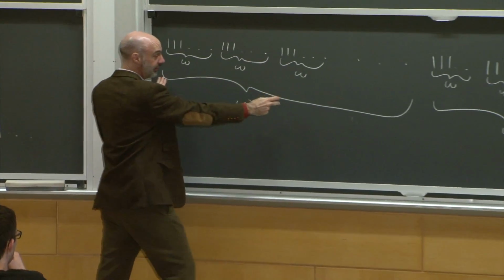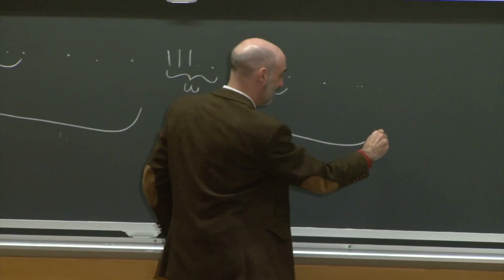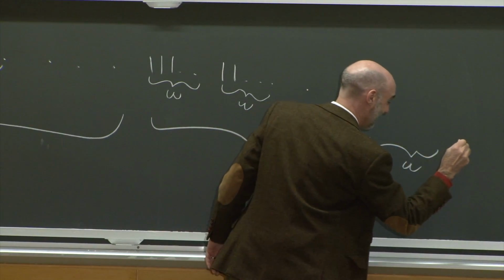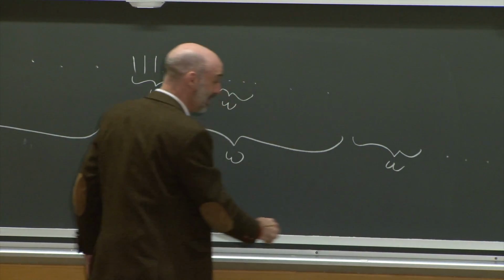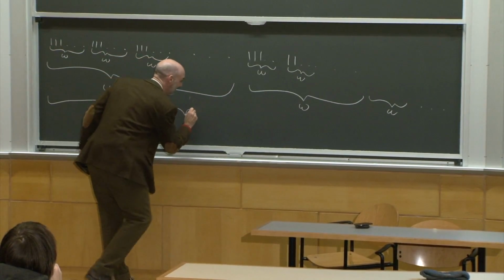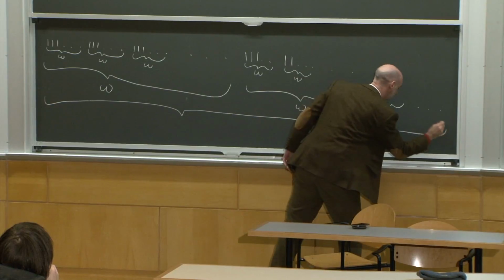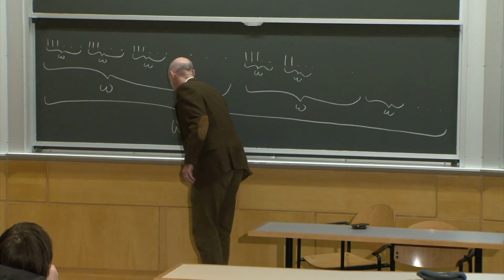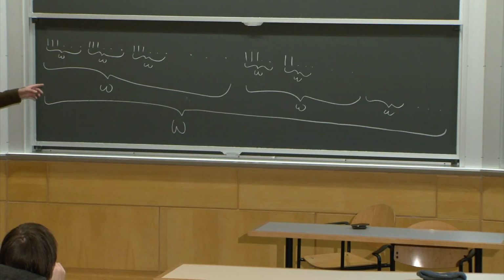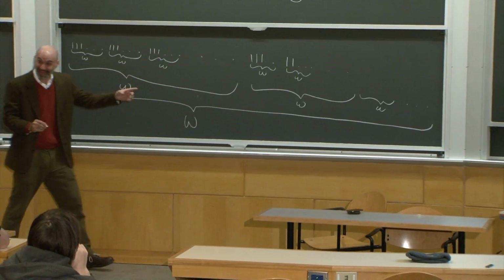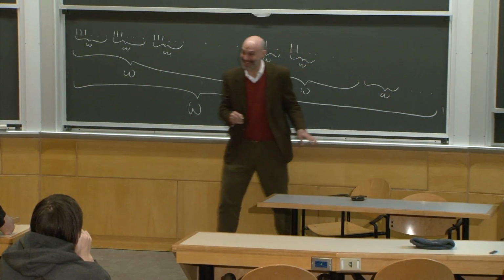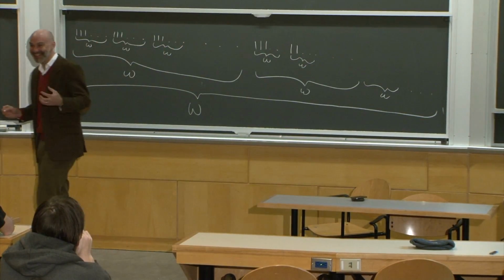We have one of those here and another one here, and then we say, well, add another one here, and keep going, and do that omega many times. And then, of course, one thing you could do, at the end of all that, is add one more thing, and then another, and then another.